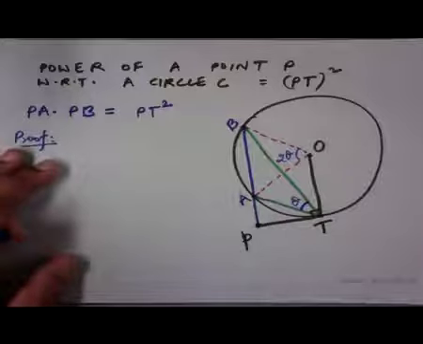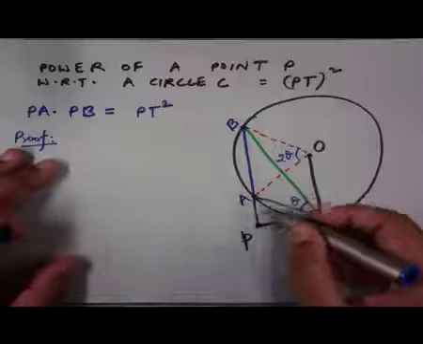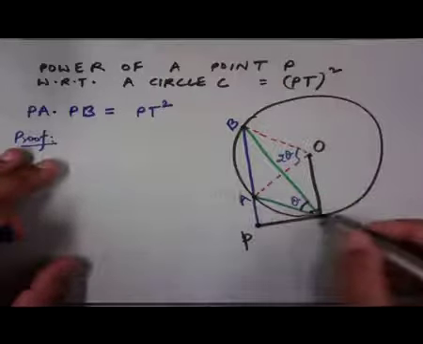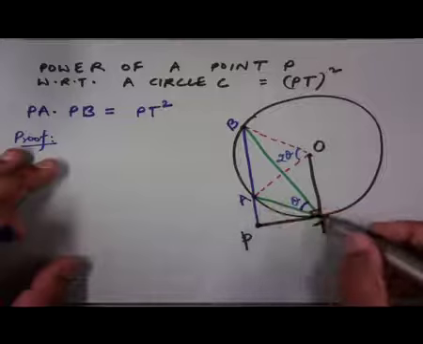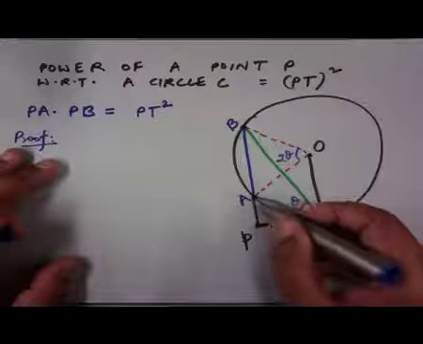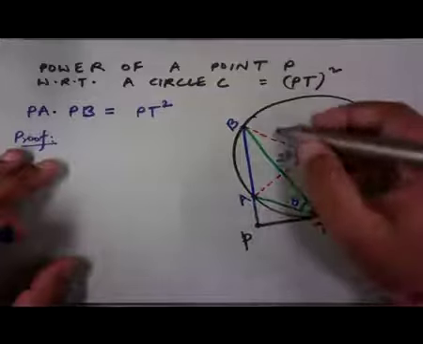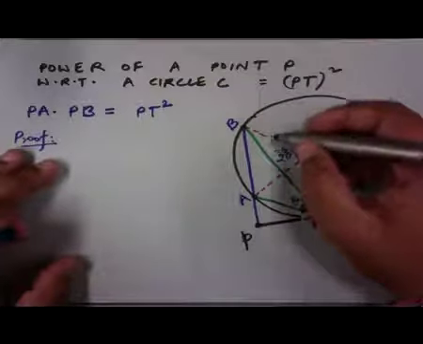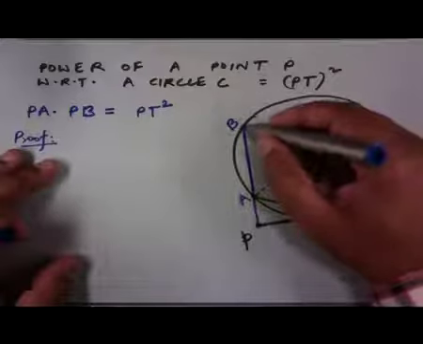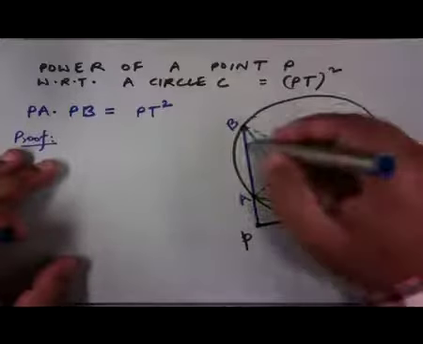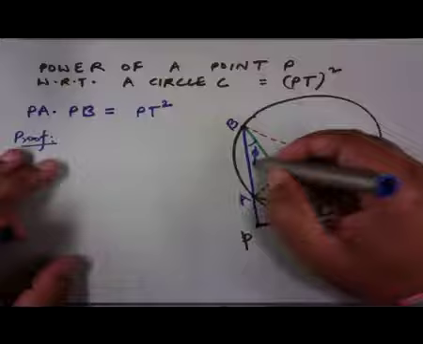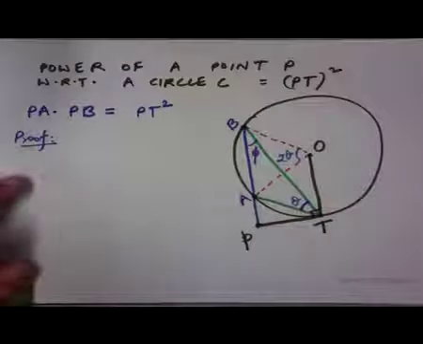Similarly, now consider this other arc AT. The angle subtended by this arc AT at this point B on the circumference, let us denote it by phi.